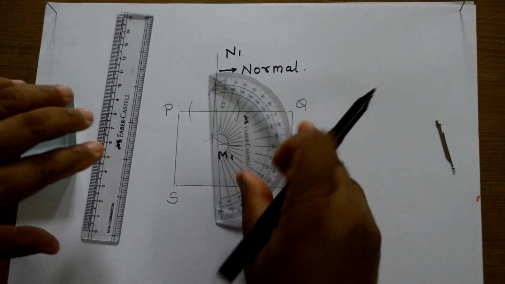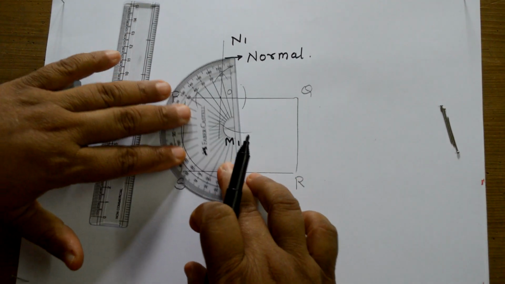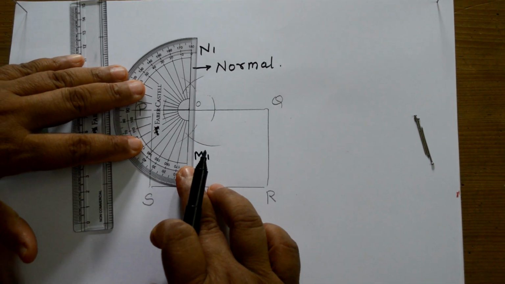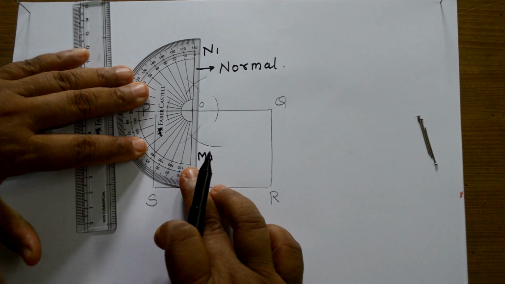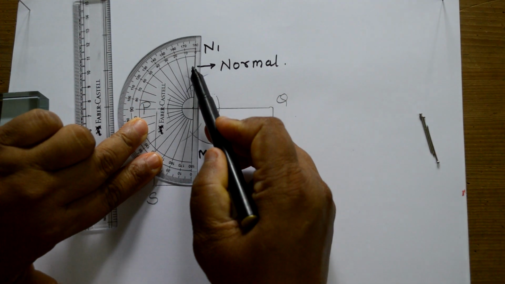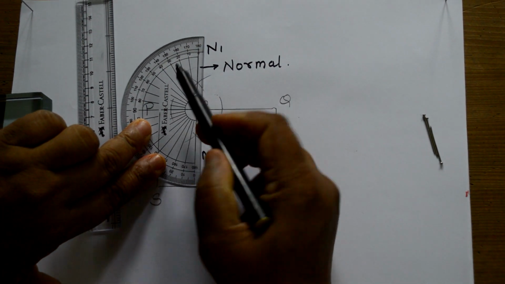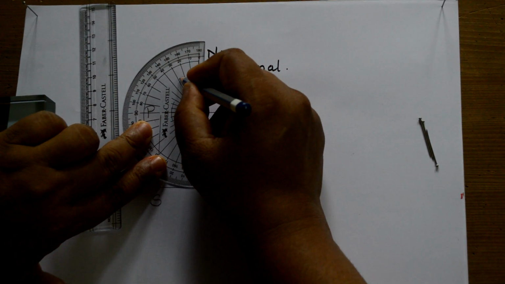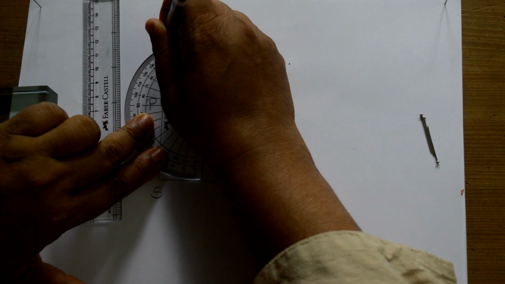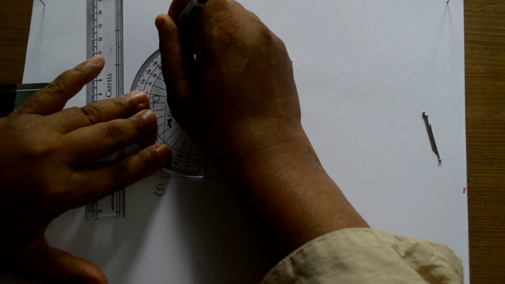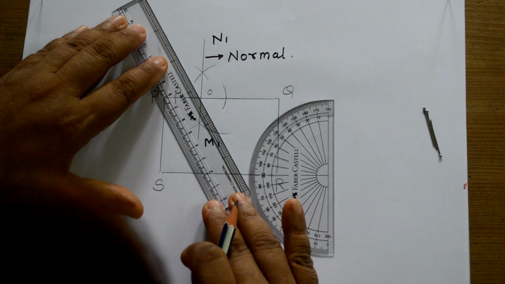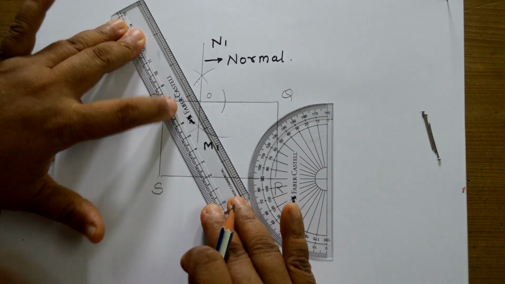Now I will be taking an angle of 30 degrees, 10, 20, 30. Draw a line.